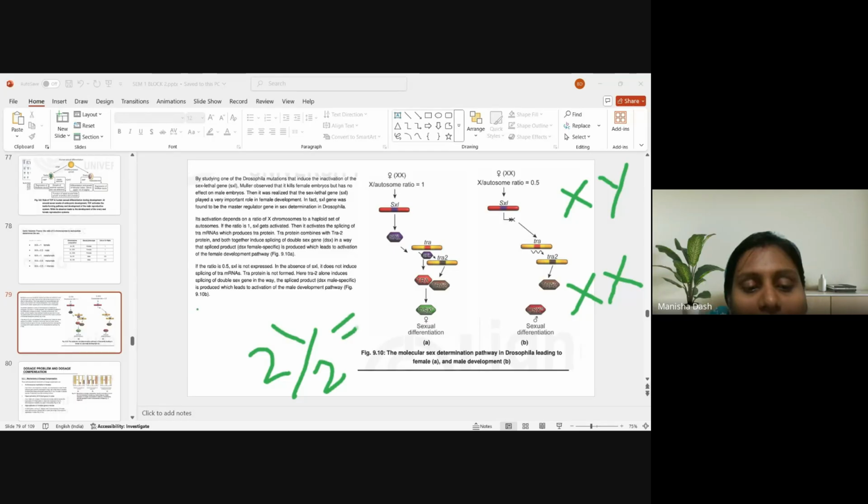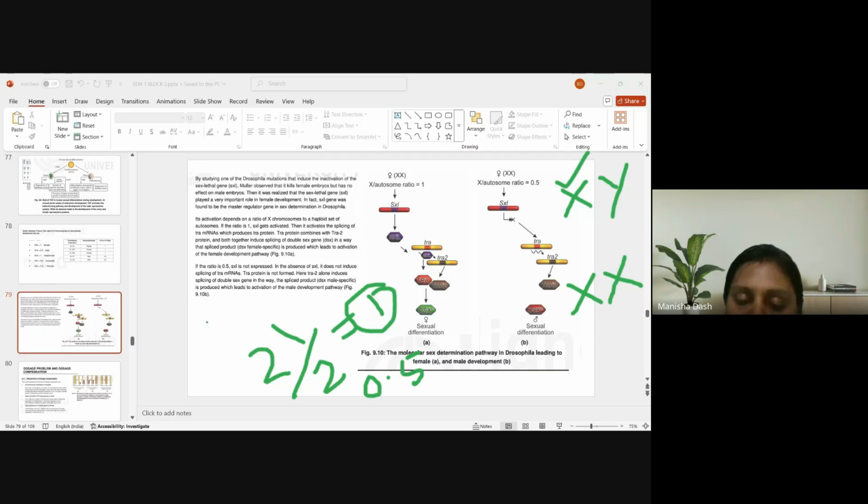If you get the ratio as 1, it will develop as a female. Since we are only considering the X chromosome, in normal condition you will have 1 for the female, and that will automatically be half for the male. So a normal male will have 0.5. Whatever is more than 1 or less than 1 will be because of non-disjunction of the chromosomes during gametogenesis, which leads to unequal distribution of chromosomes in the offspring.